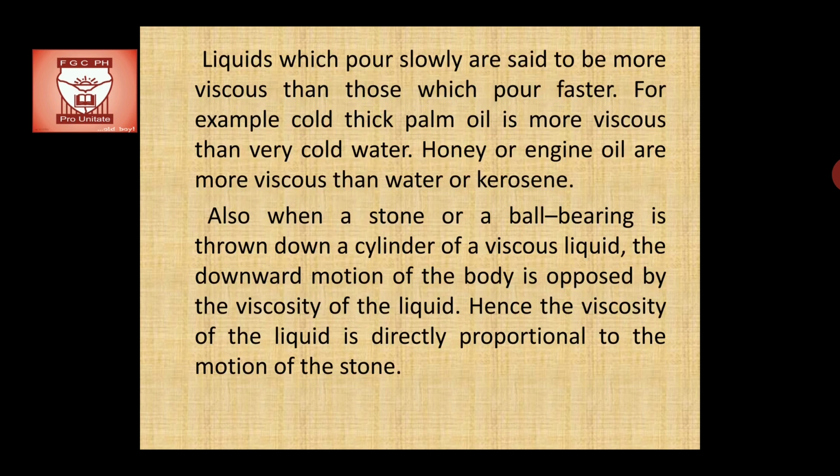Liquids which pour slowly are said to be more viscous than those which pour faster. For example, cold, thick palm oil is more viscous than very cold water. Honey or engine oil are more viscous than water or kerosene.